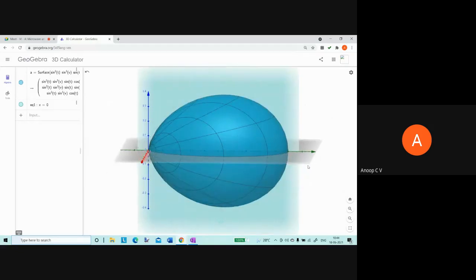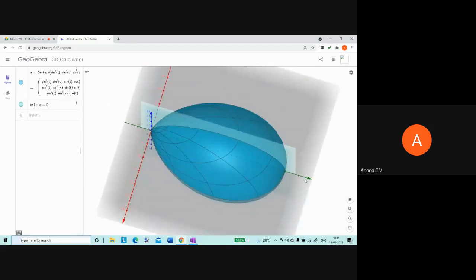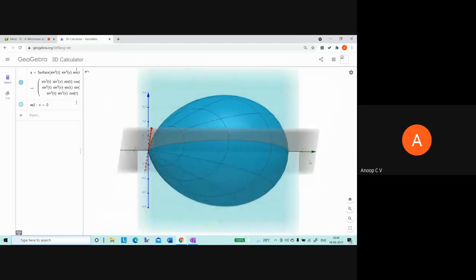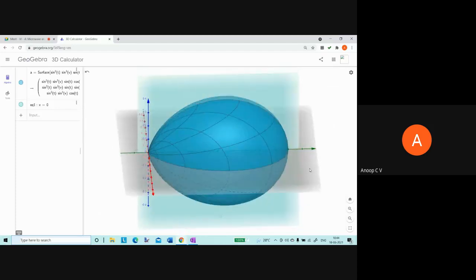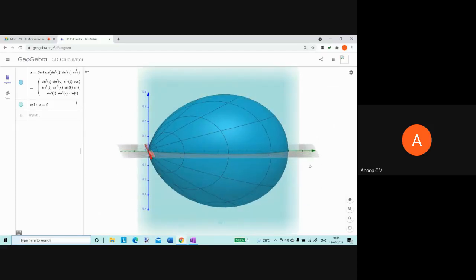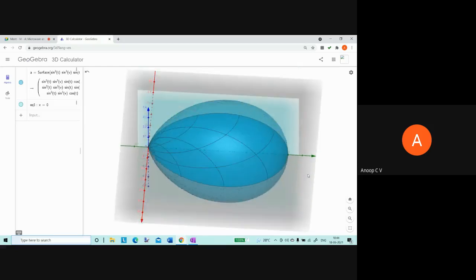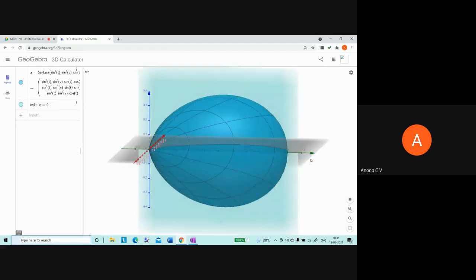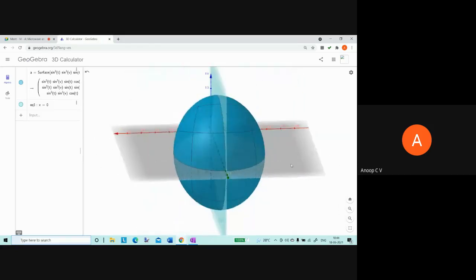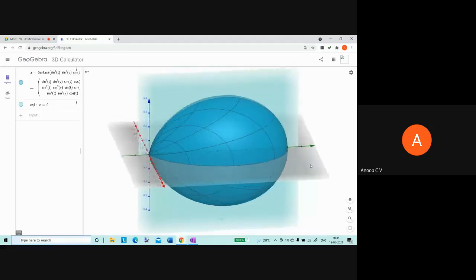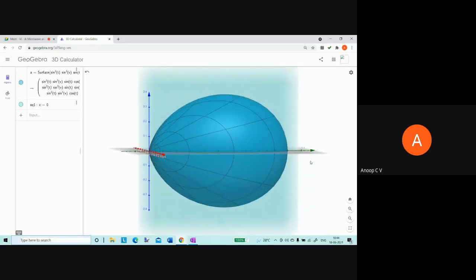If I cut this pattern through this yz plane, I will get the 2D theta plane pattern.